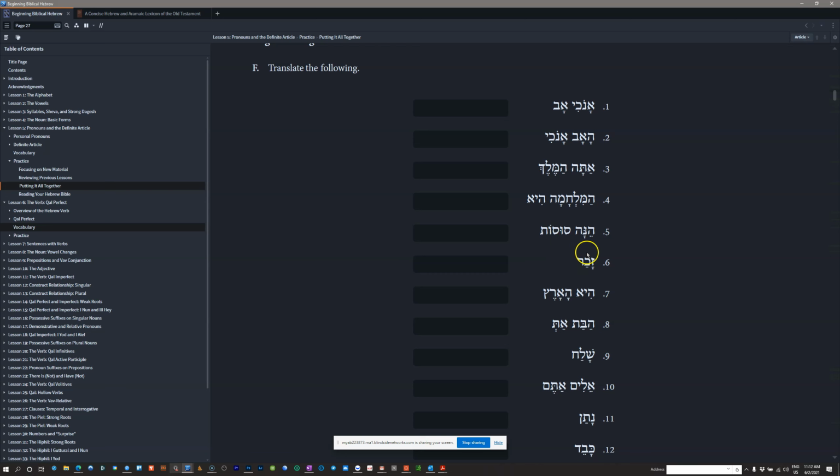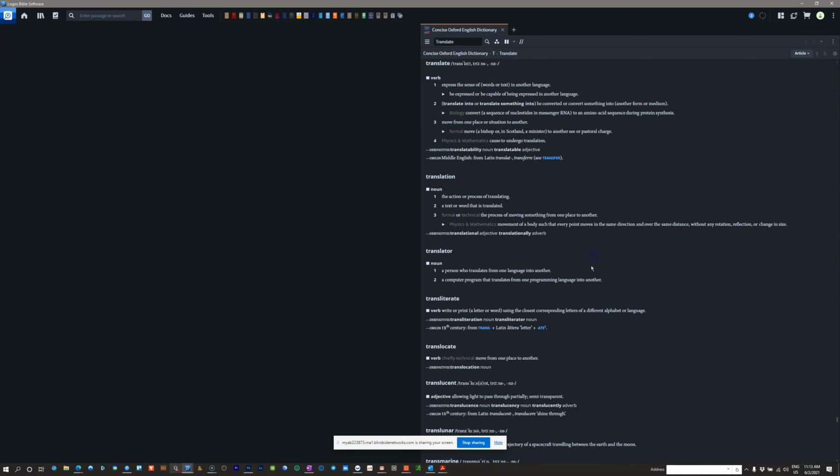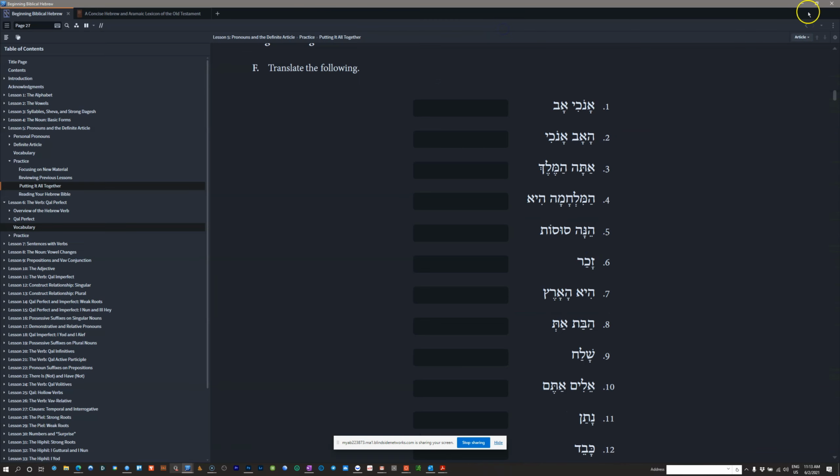Number 6, this is just a verb. This doesn't have a pronoun or anything. This is Zachar, he remembered. And it's important to remember that when you are translating vocabulary words, you need to actually translate them and not just give the gloss from your vocabulary list.